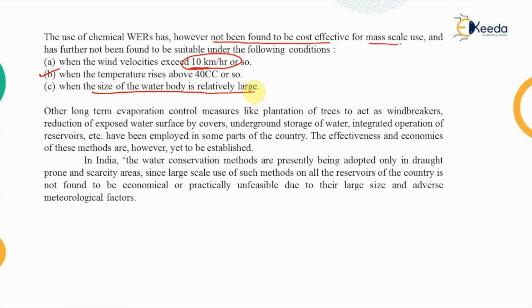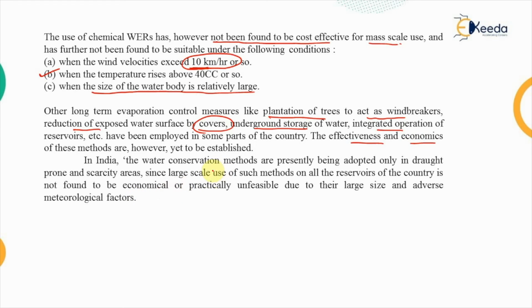Now, in addition to this, the other evaporation control measures like plantation of trees which act as the windbreakers, reduction of the exposed surface area by using the different covers, underground storage, integrated operation, all of these are employed in some or the other parts of the country. But the effectiveness and the economy of these methods is yet to be established in comparison to these chemicals.